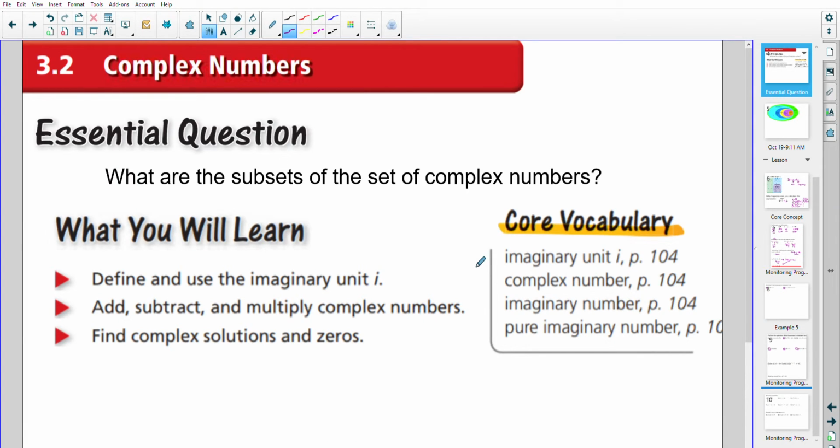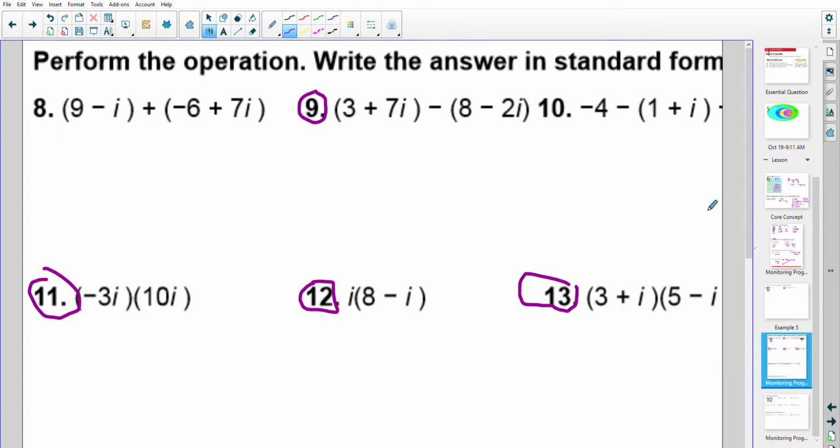Continuing with complex numbers and what you can do with complex numbers, we're going to get into solving equations and multiplying complex numbers. A review from the previous section is a problem like this.